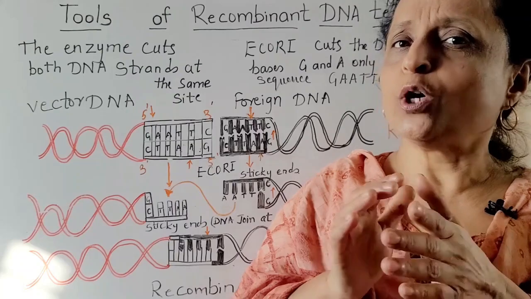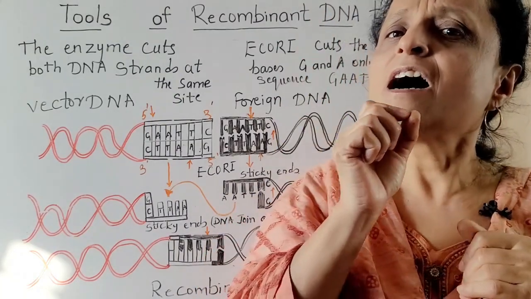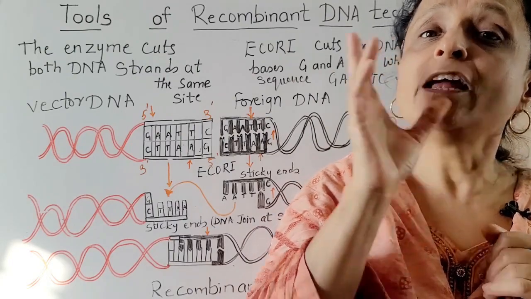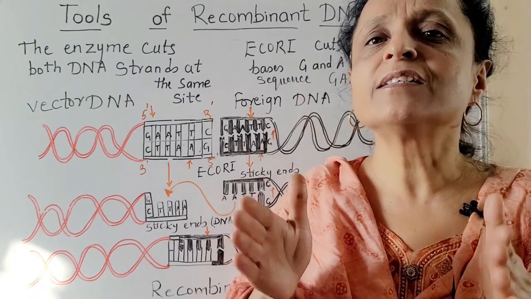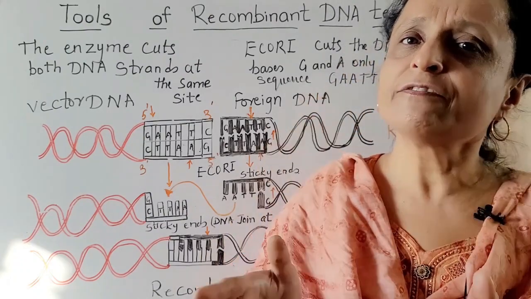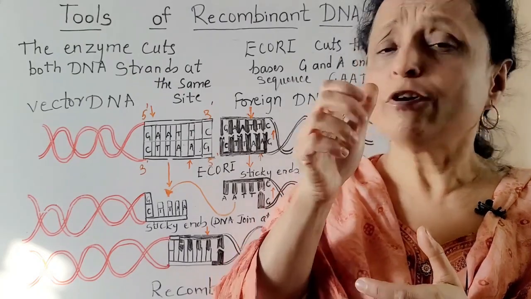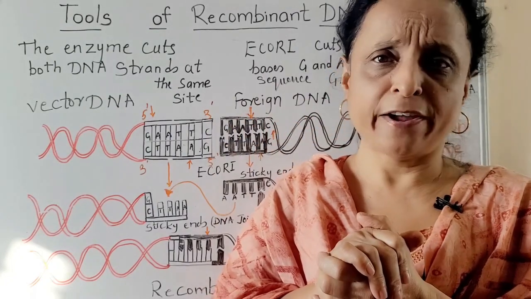One was used for giving a cut, and the other was used for adding a methyl group to the DNA. The one which cuts is known as restrictive endonuclease. But it was characterized and utilized only after 5 years.